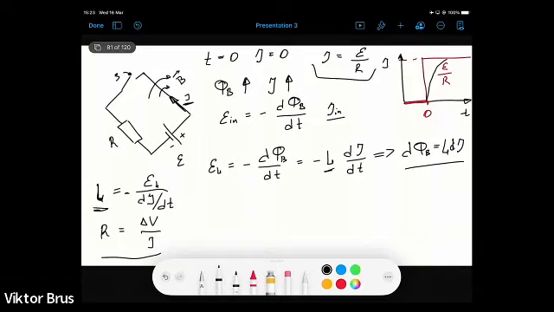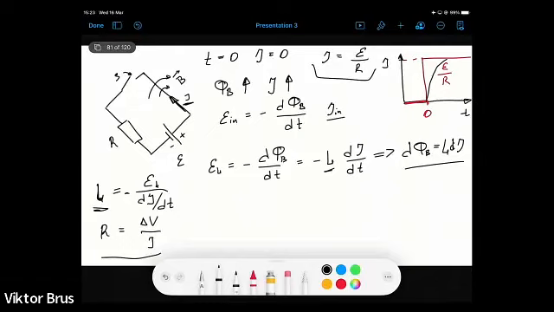So the larger the inductance, the more difficult it is for the electric circuit to increase or decrease electric current over time because of this self-induction effect, which opposes any changes of magnetic field flux through the electric circuit.